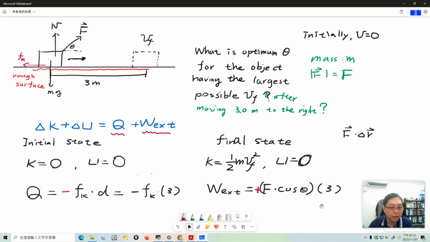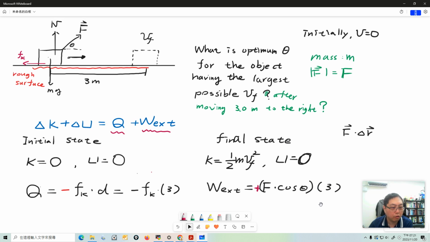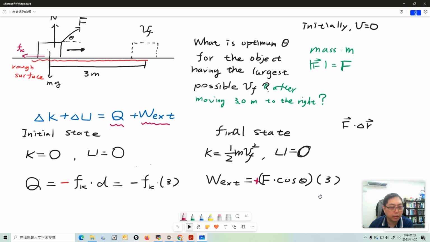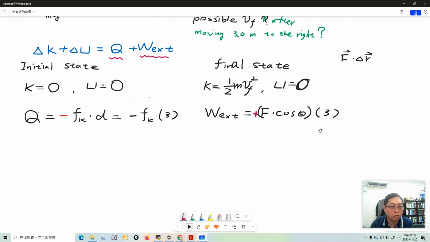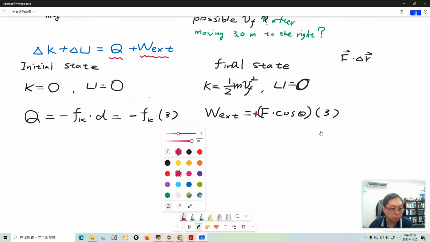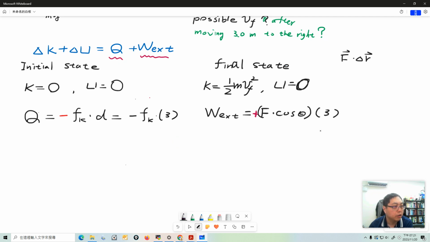Be careful. Now we have all the information, so we can put everything into the energy conservation equation. So let's see: Kf minus Ki plus Uf minus Ui equals Q plus W external force.